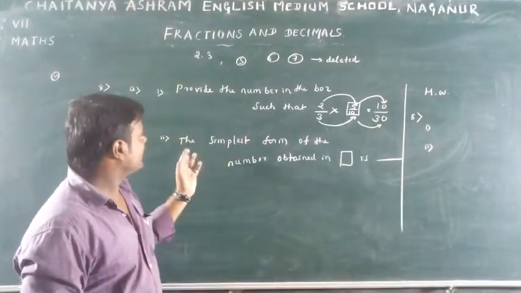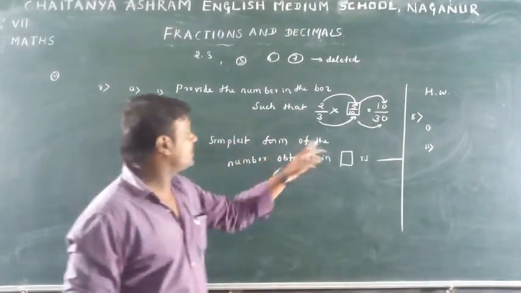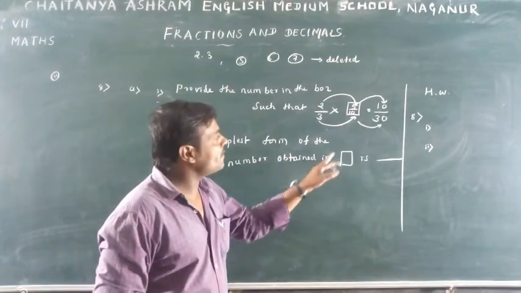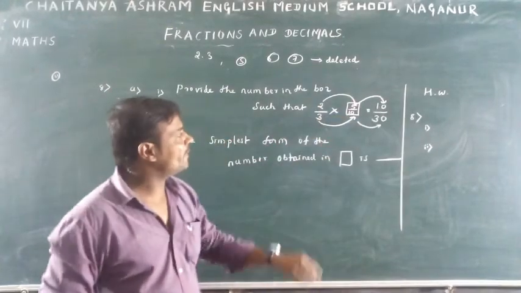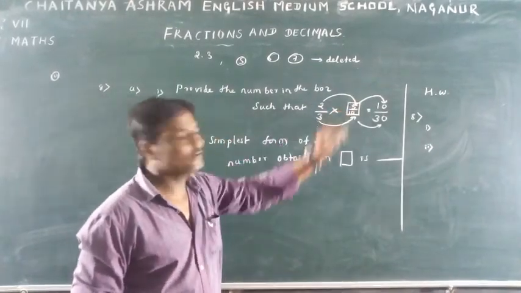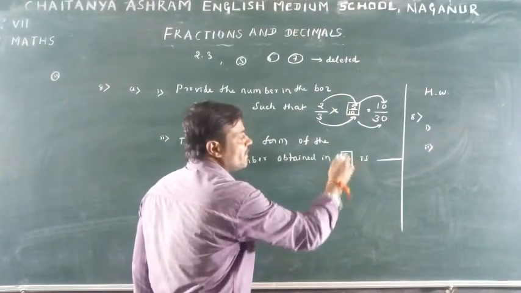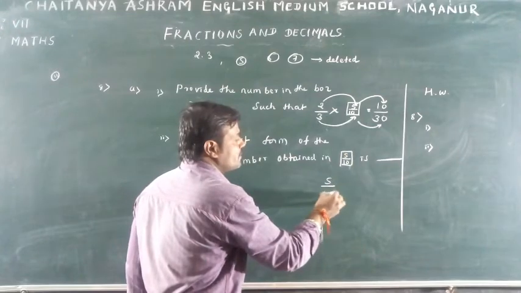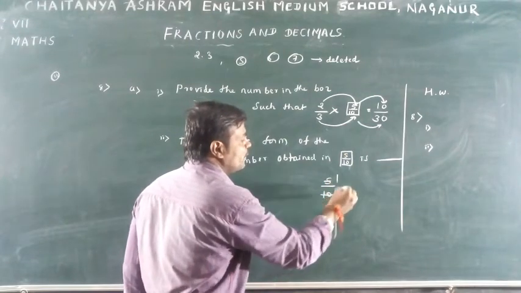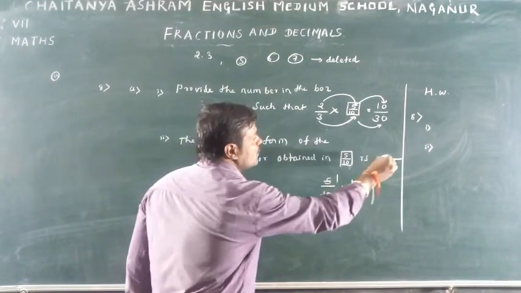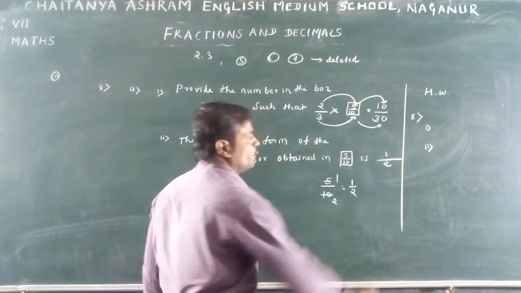Clear? See here, the simplest form of the number obtained in the box. What is the number obtained in the box? 5 by 10, no? What is its simplest form? 5 1s are 5, 5 2s are 10. 1 by 2, no? So write 1 divided by 2.